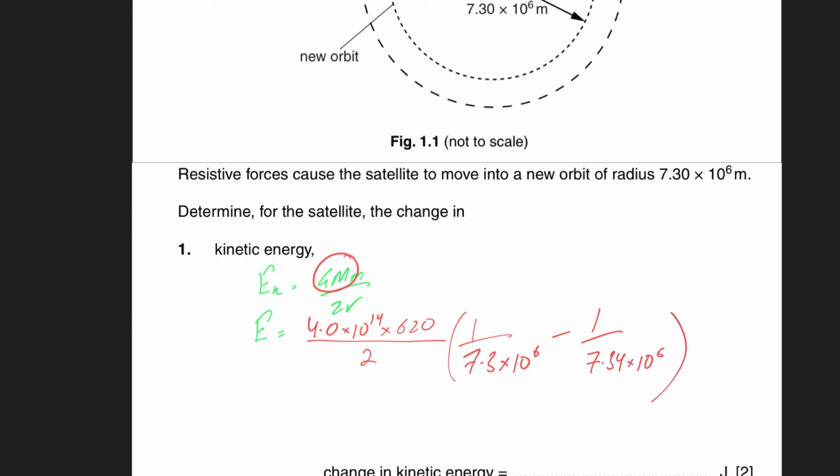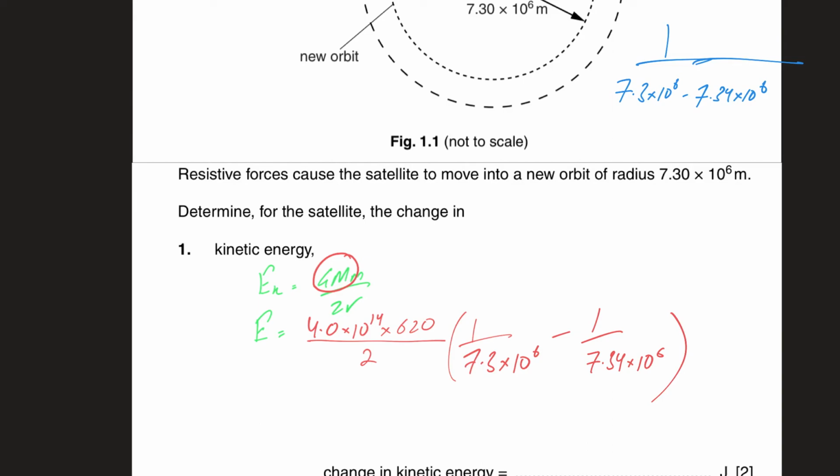Now, what some students tend to do is they write it like this: 1 upon 7.3 into 10 to the power 6 minus 7.34 into 10 to the power 6. This is incorrect. You'll get an incorrect answer using this. So if you are confused, instead of writing it as one equation, solve it separately.